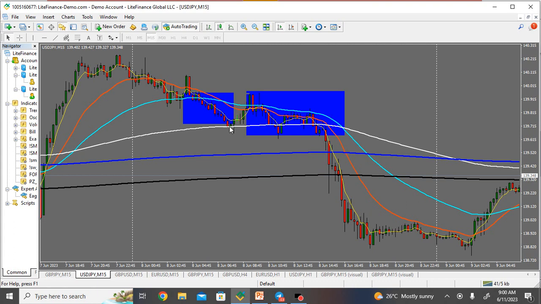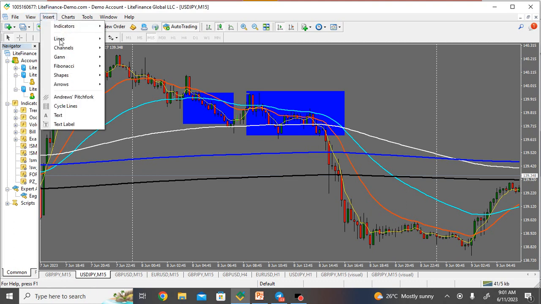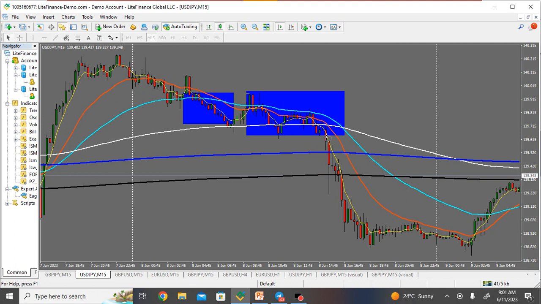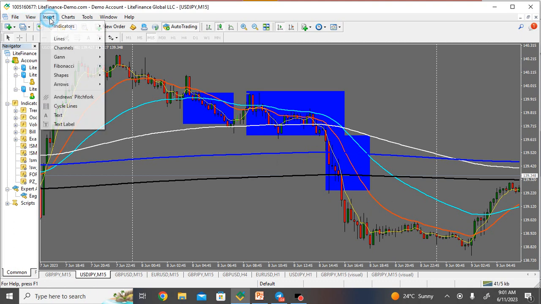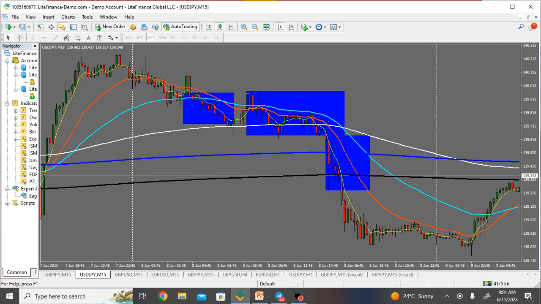Then the second push was this one, up to here. Third push and the last was this one here. From here you can see there is somehow an angle. So this was the third push and the last one.